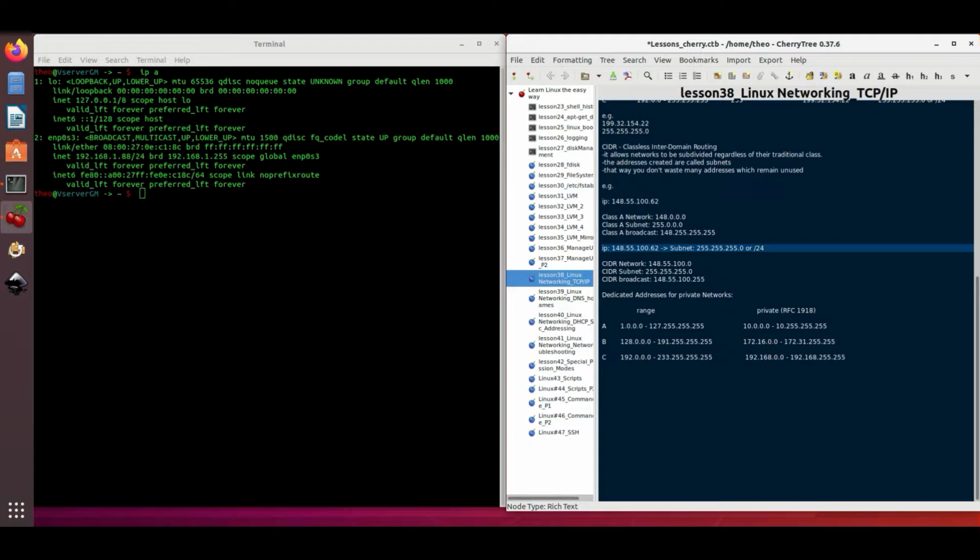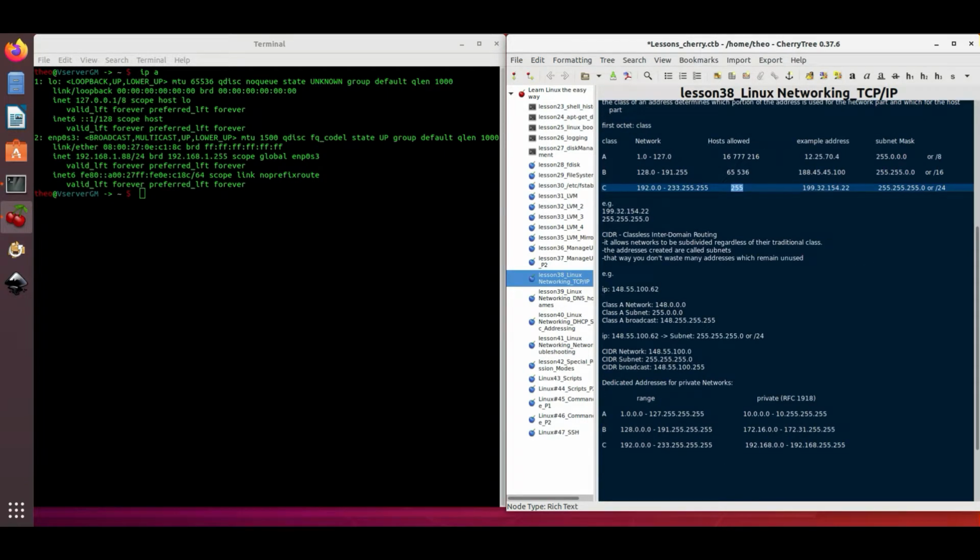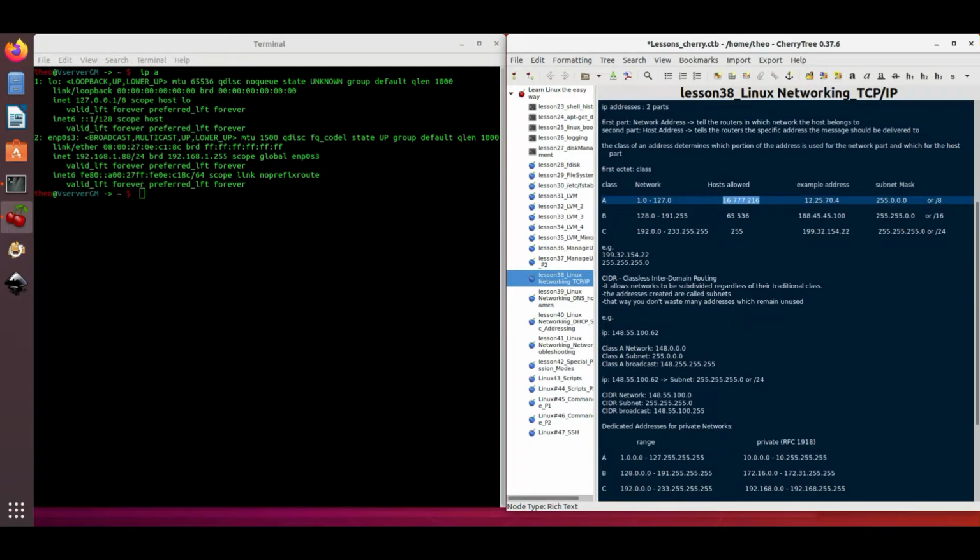Why would we want this kind of subnet? Because the hosts that are allowed here are 255, so we don't waste that many hosts. But in a class A, you have 16 million addresses available. So if you just want 20 or 100 IP addresses, the rest are being wasted.